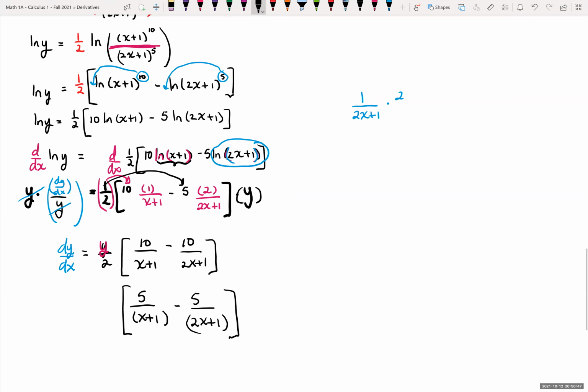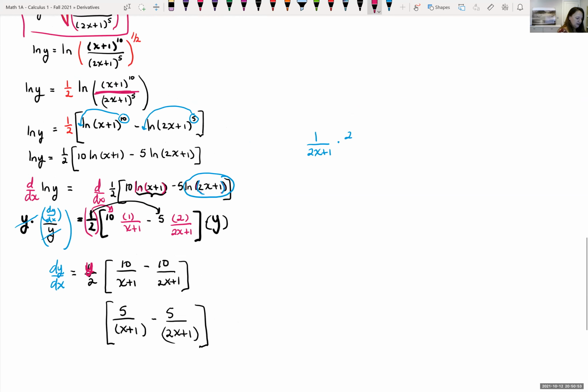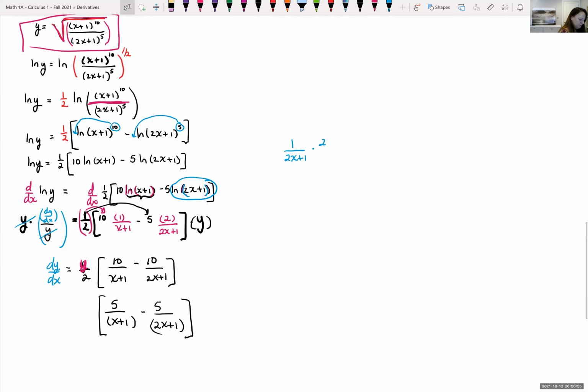And then let's go back and replace this y right here with what our original function was, which was this square root. Underneath the radical was this x plus 1 raised to the 10th all over 2x plus 1 raised to the 5th. And this is dy dx.